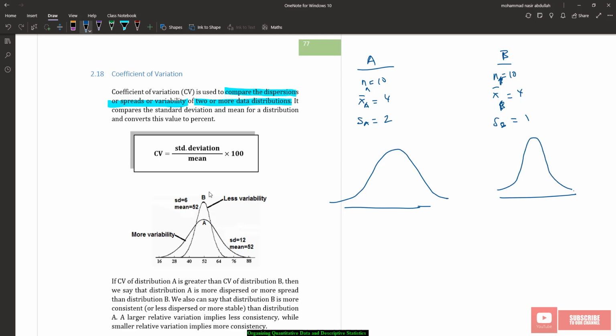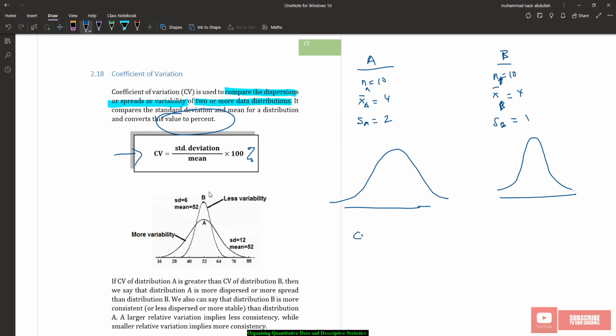Right? So, if you want to know which distribution is less dispersed or more dispersed, we can use the value of the coefficient of variation, COV or CV. Coefficient of variation is equal to standard deviation divided by mean, multiplied by 100%. So it is always expressed as a percentage.